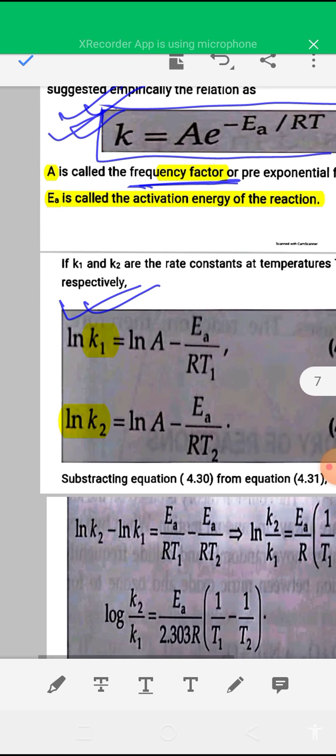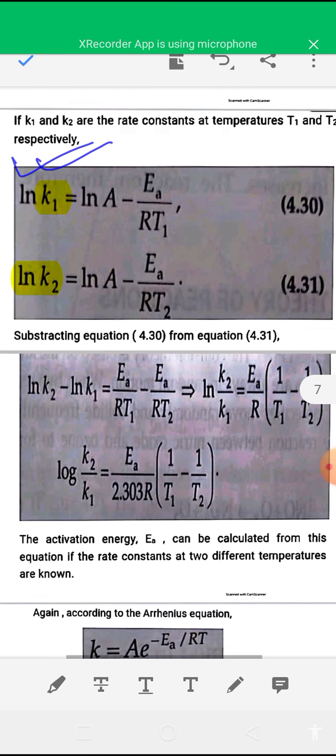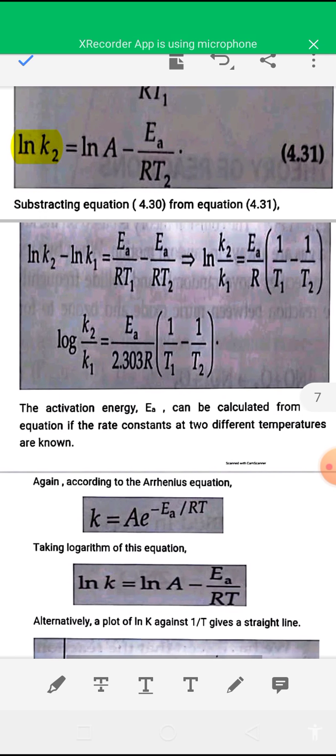From the Arrhenius equation k = A e^(-Ea/RT), after taking log on both sides, it becomes ln k = ln A - Ea/RT. For the same chemical reaction at two different temperatures, the rate constant will be different: ln k1 = ln A - Ea/RT1 and ln k2 = ln A - Ea/RT2.